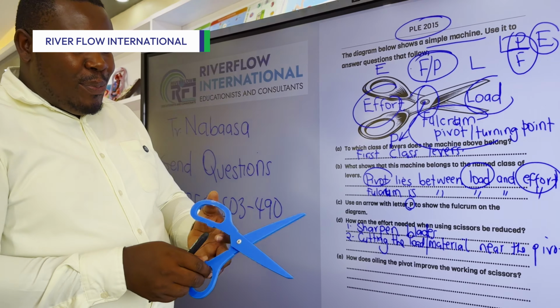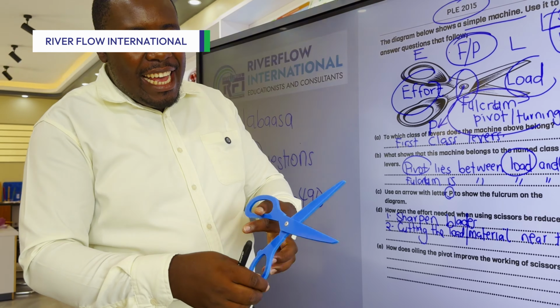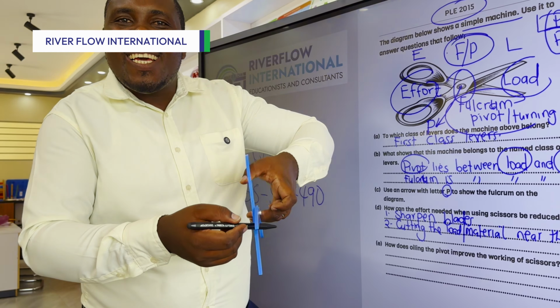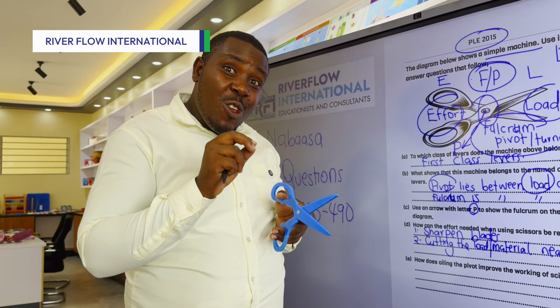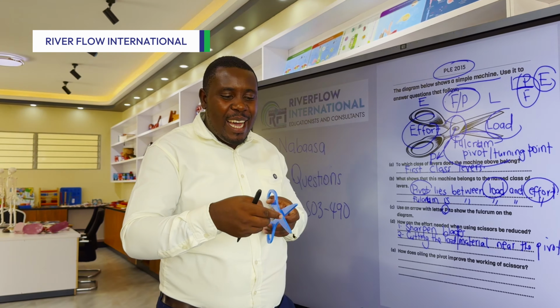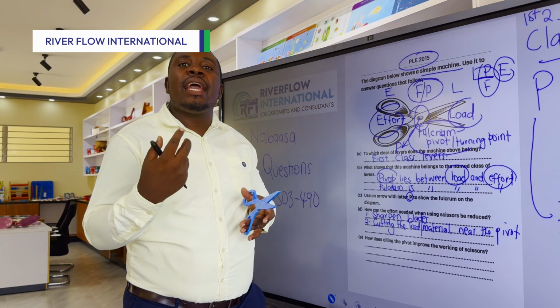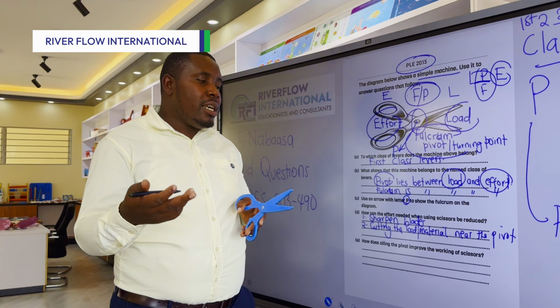If the item is near here, you easily cut. All of you are going to go and test this with your real scissors and try to cut near here and cut here. You'll see where it becomes easier to cut.